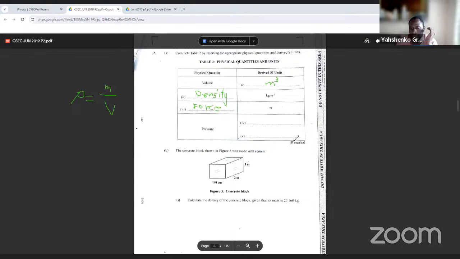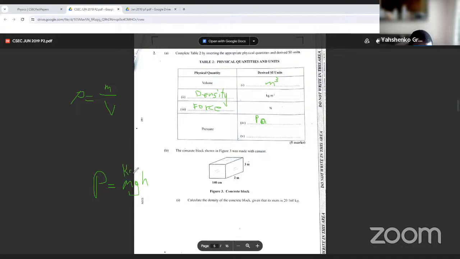And pressure can be measured in Pascal, which is Pa. This is the SI unit, so you can't use atmosphere. Atmosphere is not the SI unit. But what you can do now is you can say pressure is mgh. And what would that give us?